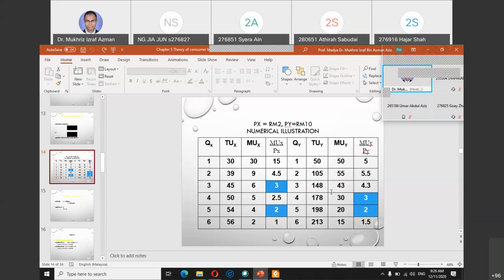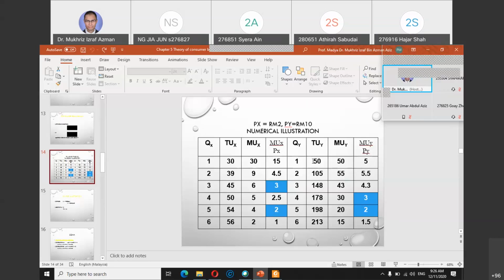This is what we call the equilibrium point, the point that maximizes the utility for any consumer. But when you look at this table, you don't take into account the income level yet. You only use the ratio of the utility MUx and the ratio of MUy.